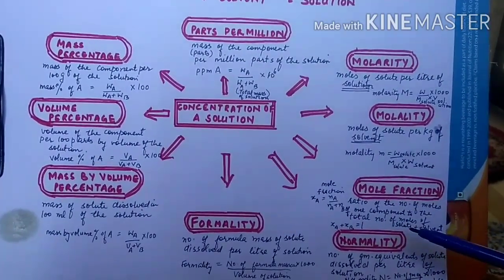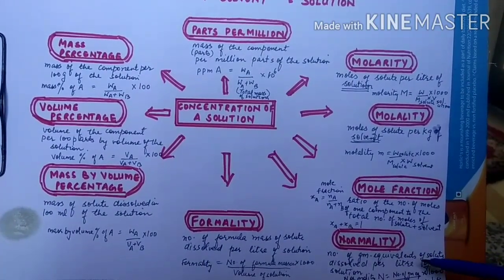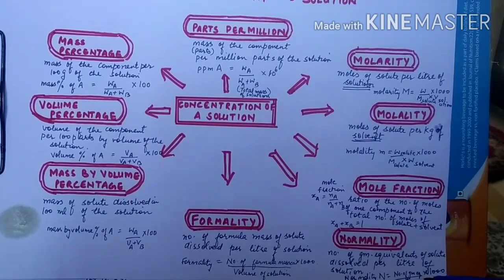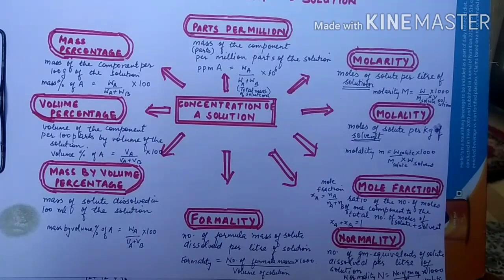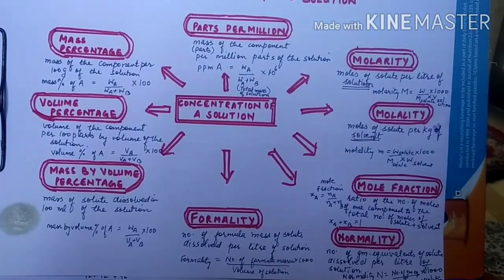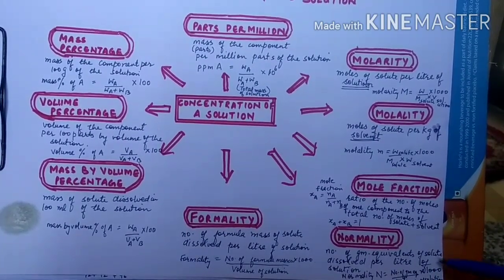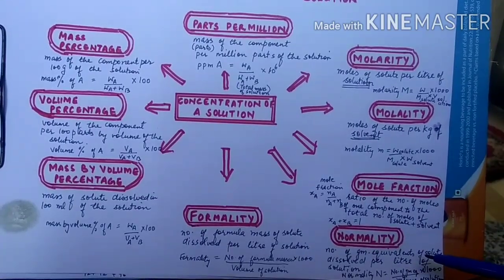Next term is normality. Normality is the number of gram equivalents of solute dissolved per liter of the solution. Normality can be calculated by dividing the number of gram equivalents by the volume of solution in liters. If it is in milliliters, you multiply it by 1000. How do you calculate the number of gram equivalents?